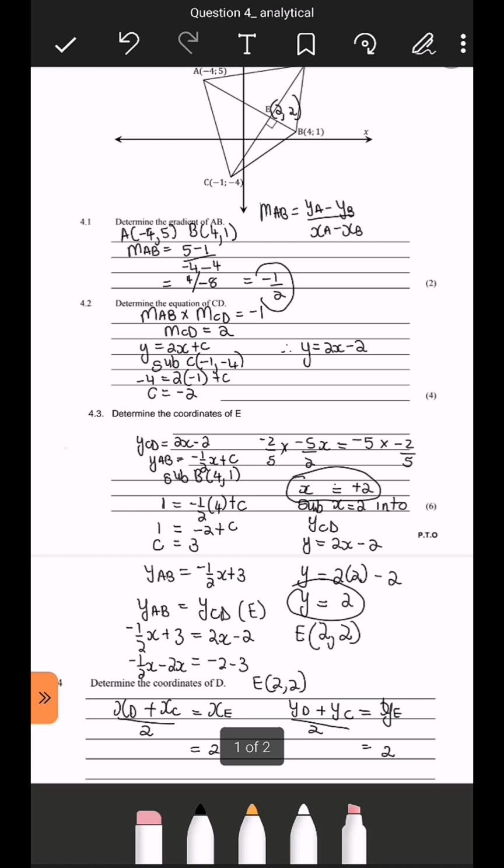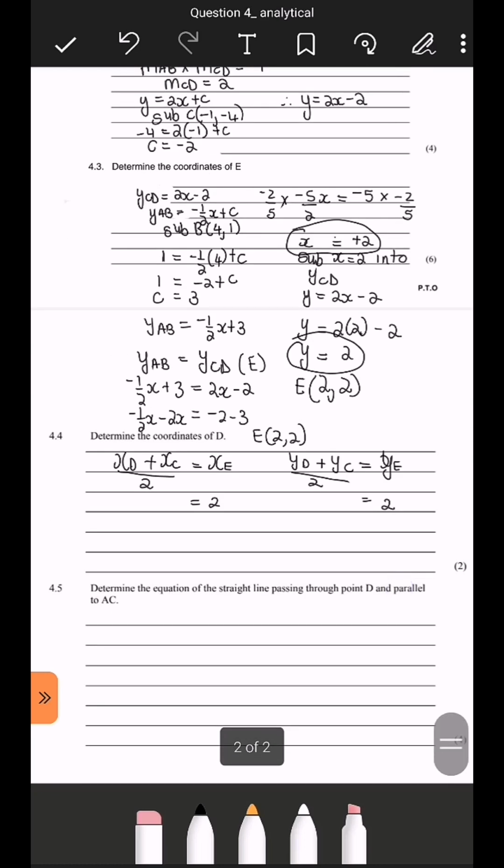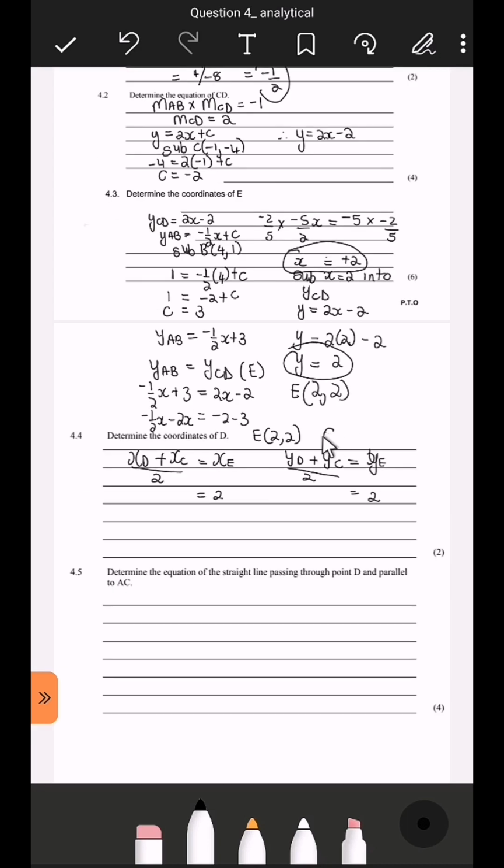Then next, we also have the coordinates of C. The coordinates of C are -1, -4. Let's just write it down here. Okay, so then we are going to substitute in the x of C. So we're going to have x of D minus 1, divided by 2, equals 2.